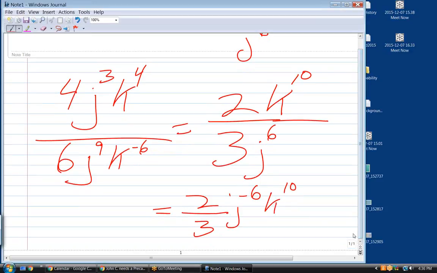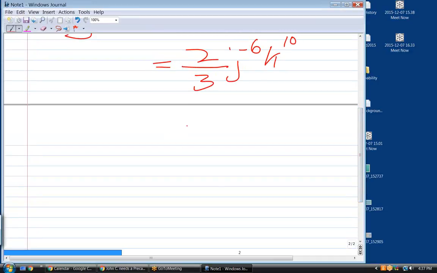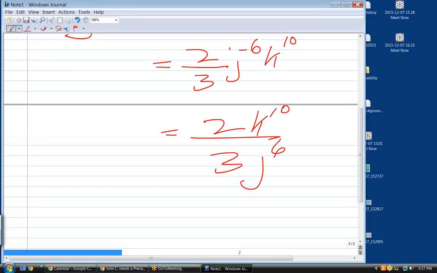And now I want to write that without any negative exponents, so I'm going to put the j in the denominator, and I'm going to leave the k in the numerator, and that's how I do these problems. I don't worry about whether I have a positive or negative exponent until I'm done with the problem, and then I make sure that everything's positive.